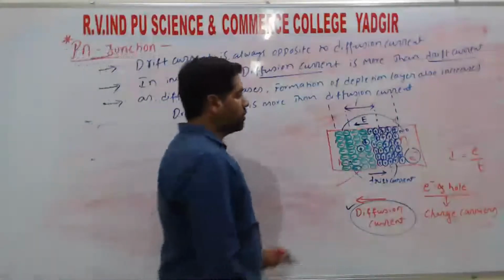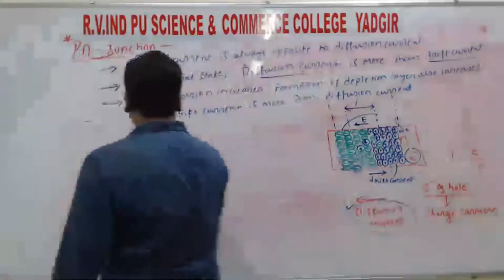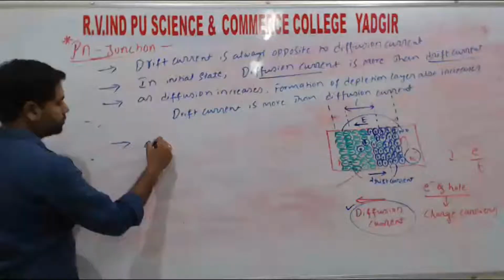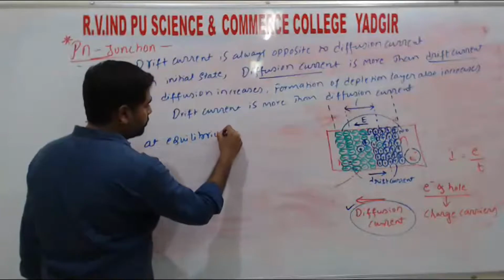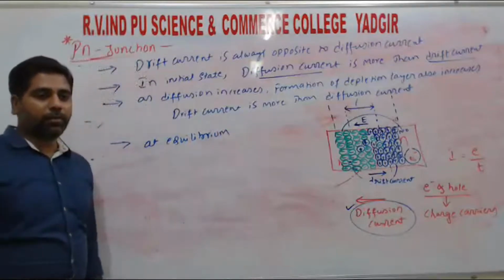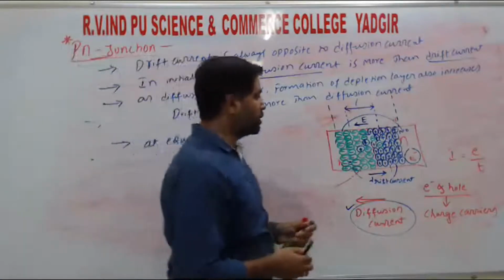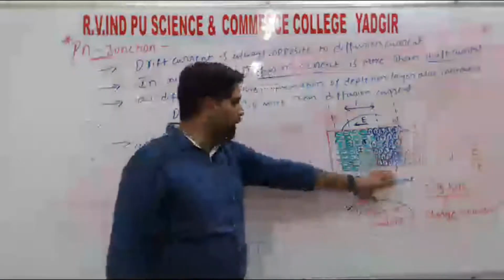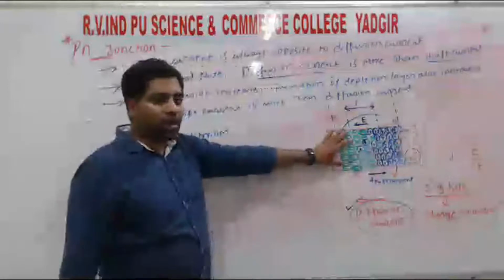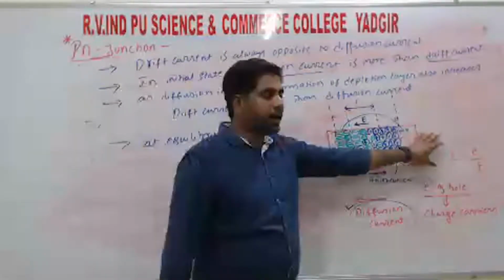So as it reaches equilibrium, at equilibrium, the total number of free electrons which are diffused into the p-type equals the number diffused into the n-type.